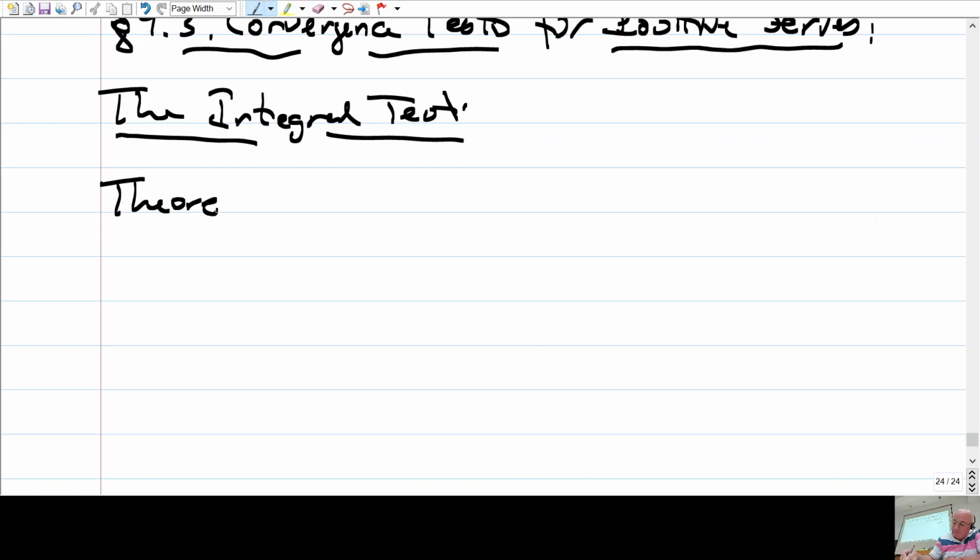Here is the theorem, which we used without stating it.